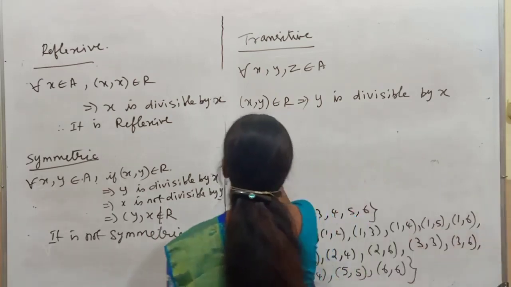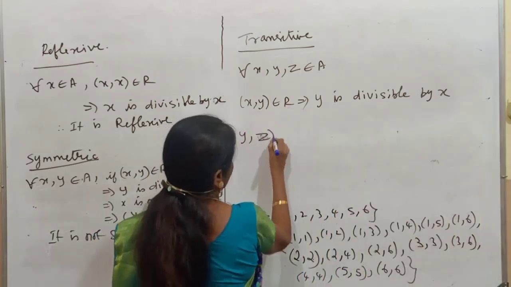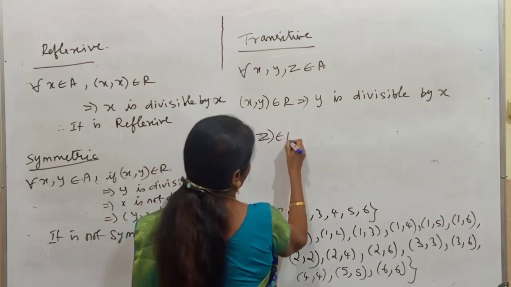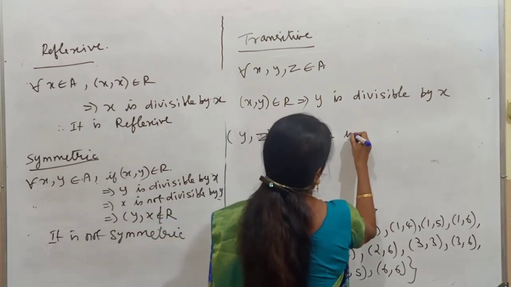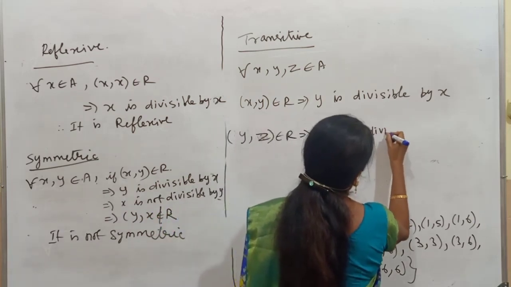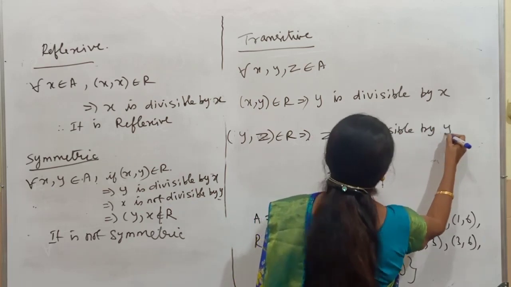Next, again, y, z belongs to R implies z is divisible by y.